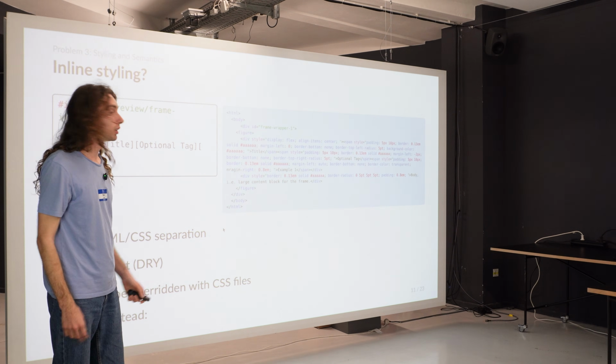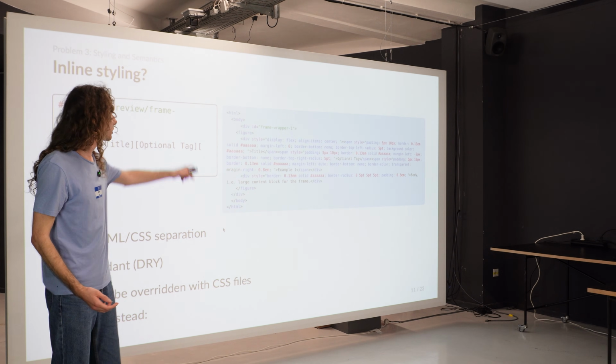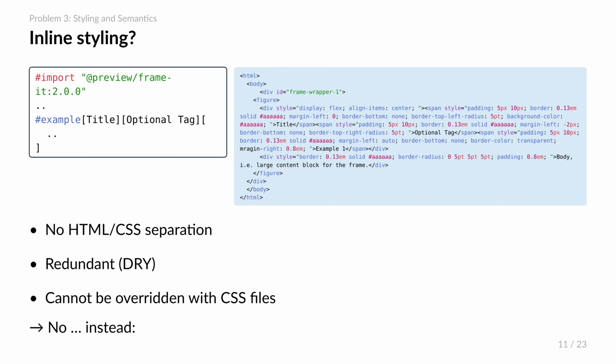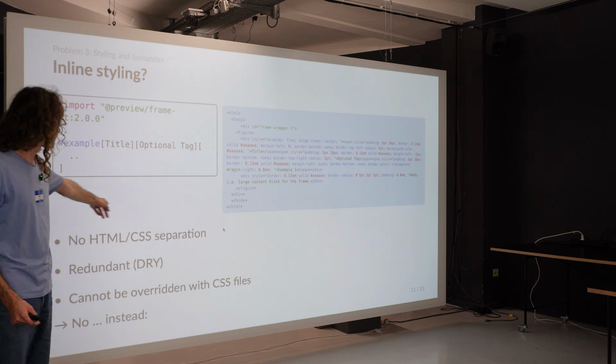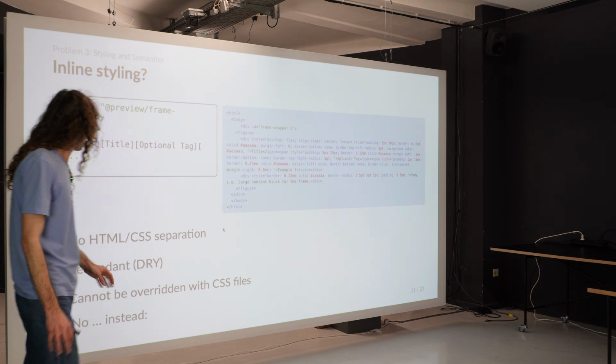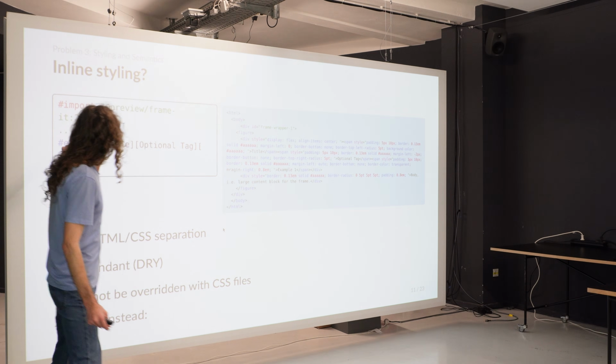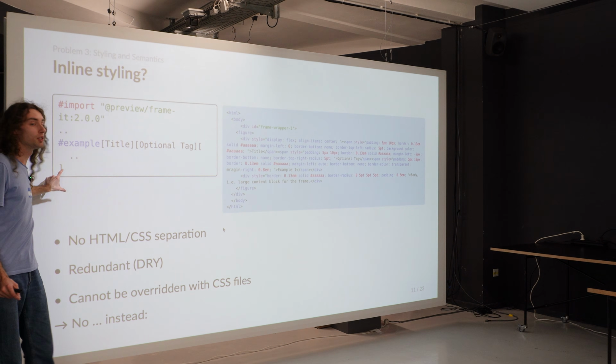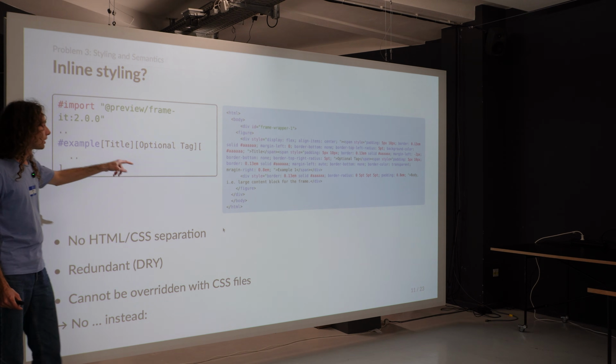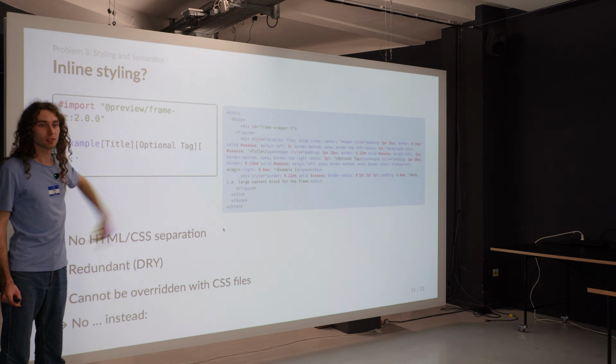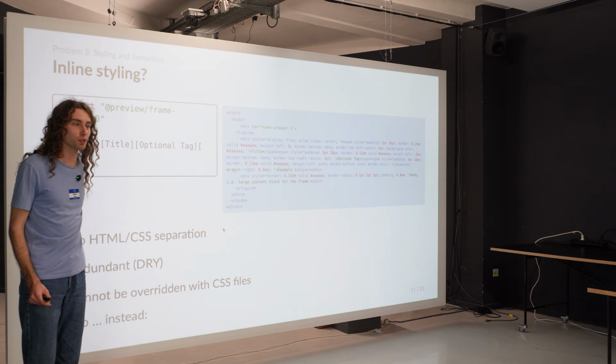One option, or how not to do it, is what I showed before, where you just inject local styles, and a lot of them. And the problems are the following. It doesn't separate style from structure. It's very redundant. Every time you create a new example like that, everything is repeated, and so this leads to a lot of code load.